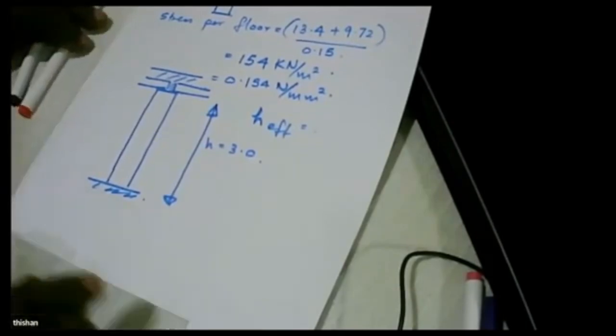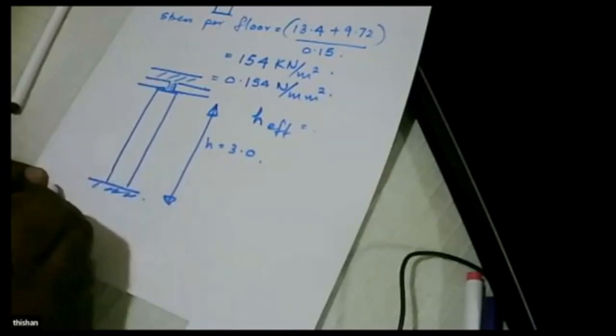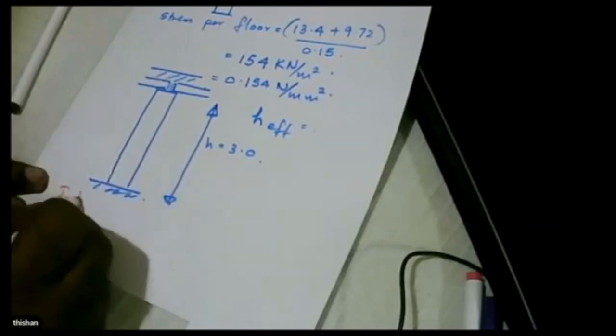Now here you can see we are having a symmetric arrangement. So the eccentricity at the top will be very small. Then we also have to consider the initial eccentricity.